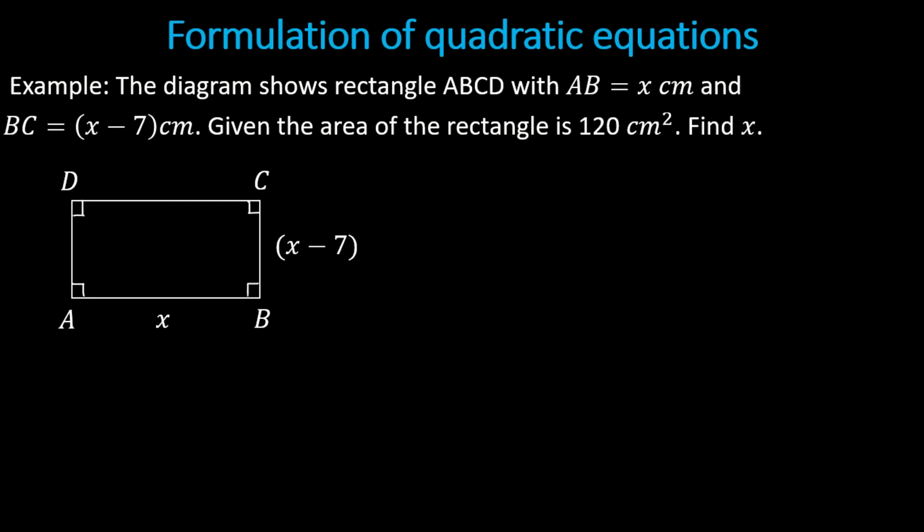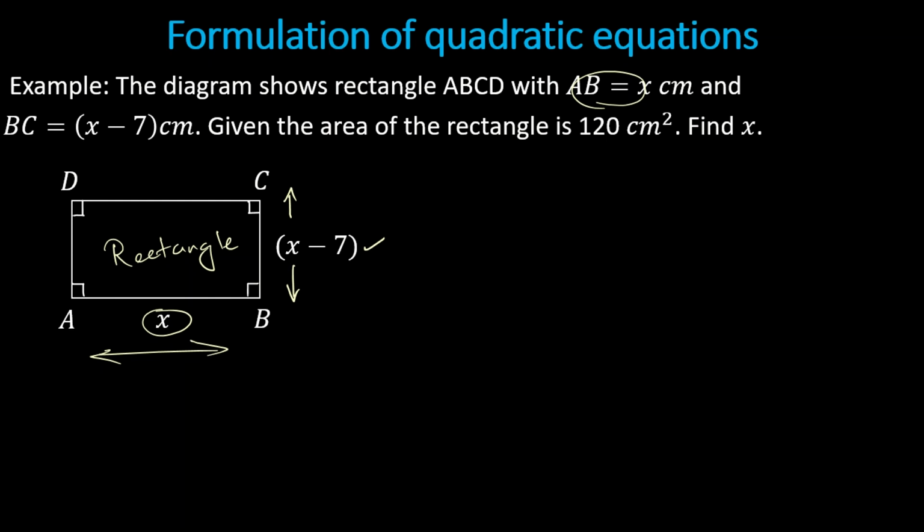We are told the diagram shows rectangle ABCD. So we can clearly see our rectangle here. The rectangle ABCD with AB equal to x centimeters. So the length of AB, this length here, is x. And BC equal to x minus 7 centimeters. So the width of the rectangle is x minus 7. We can clearly see it.